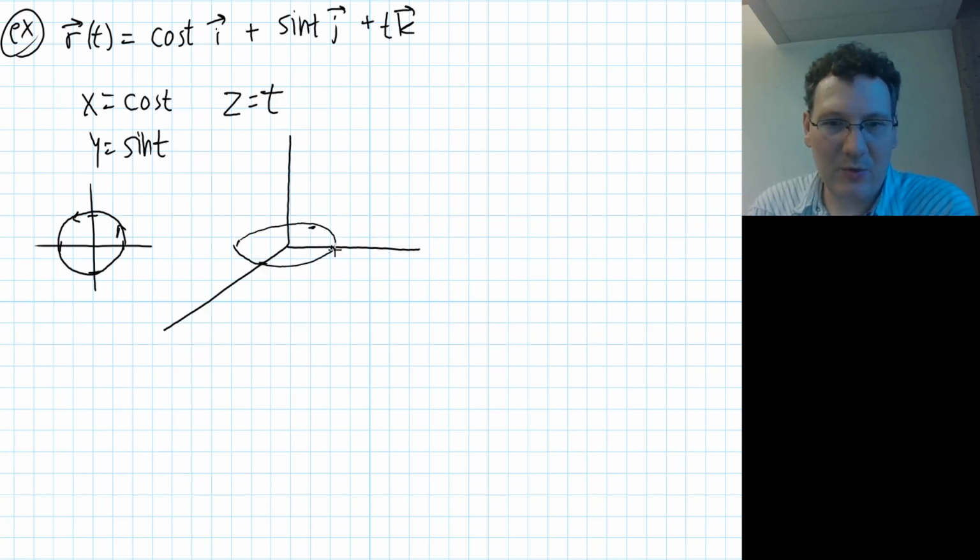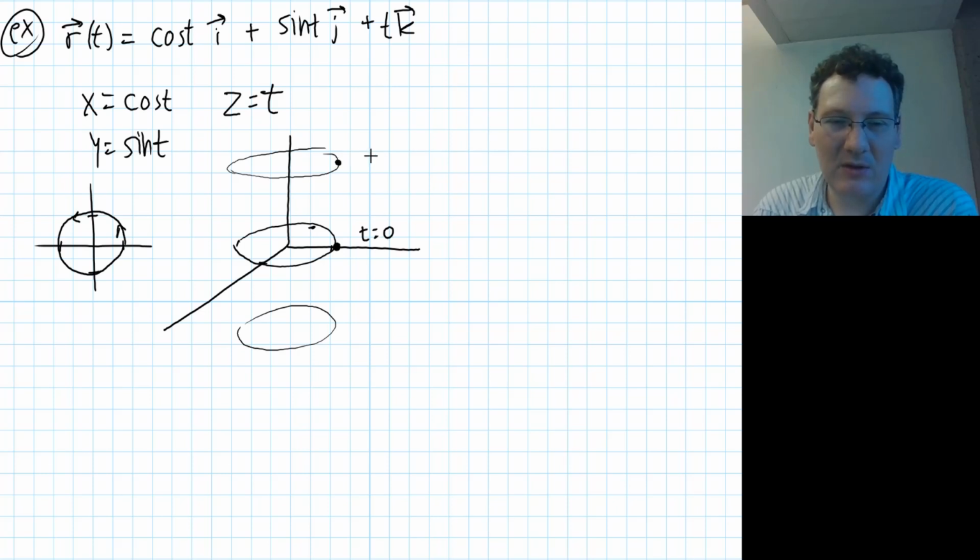I'm going to do my darndest to try to illustrate the 3-dimensionality of this thing. So we're starting at t equals 0, and once we get to t equals 2 pi, it should look something like this.